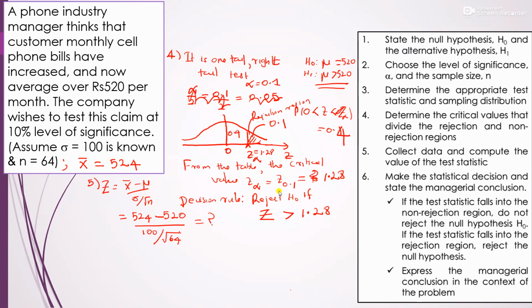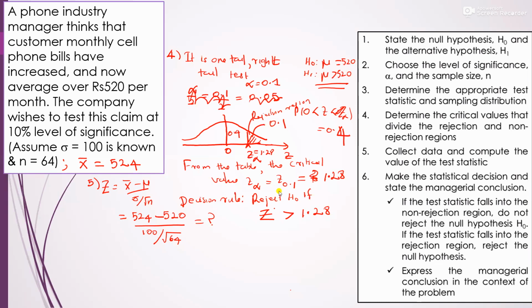Now you have to calculate this one. If this value is greater than 1.28, then you can reject H naught. If your Z value is less than 1.28, then there is not enough evidence to reject H naught. If greater than 1.28, there is enough evidence to reject H naught at 10% level of significance.